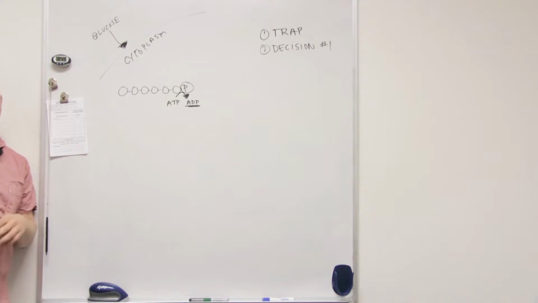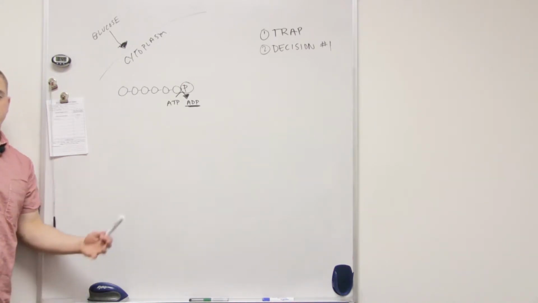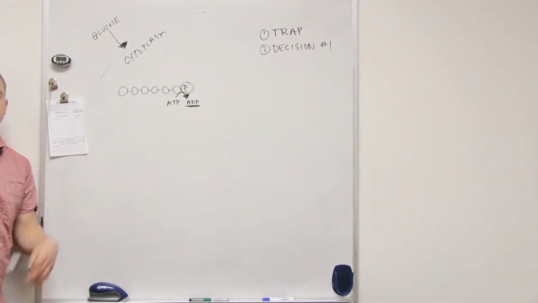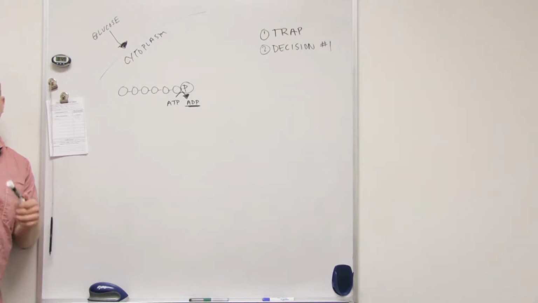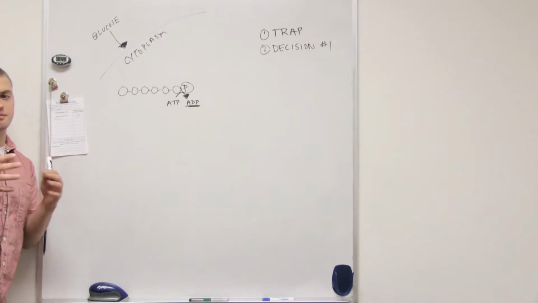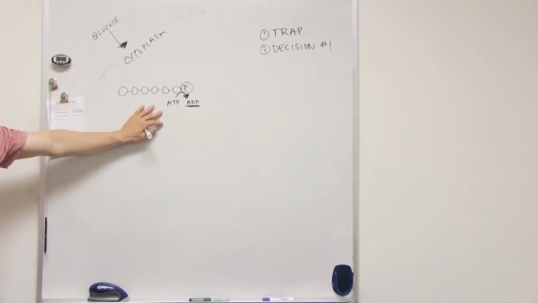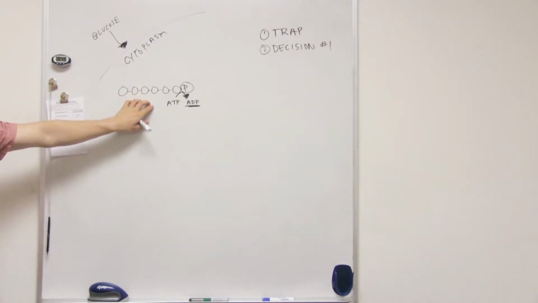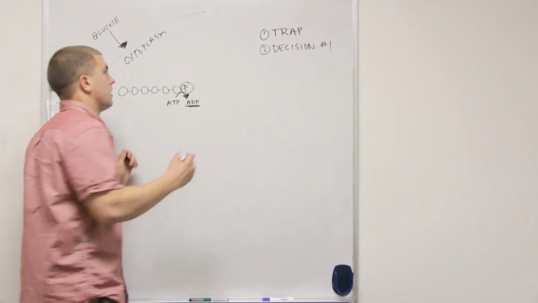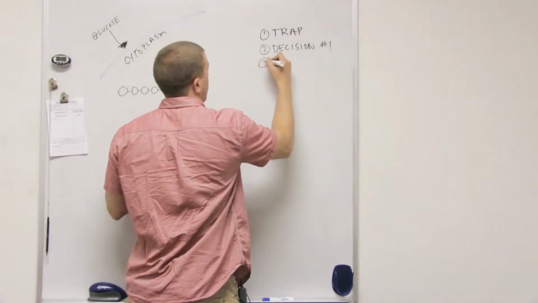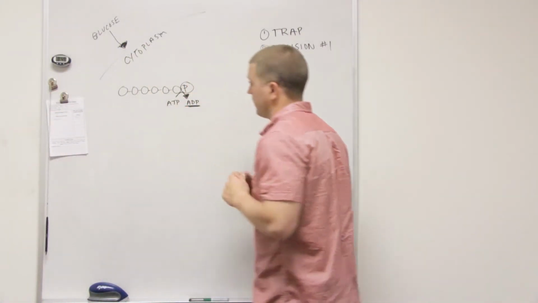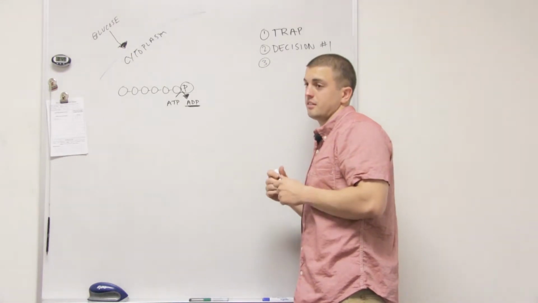If there's plenty of ATP, it says, oh, well, you guys really don't need me. So it gives up the phosphate and attaches to glucose in the liver. So it'll travel through the bloodstream to the liver and then become glycogen. But if there's not enough ATP, then we have to keep going on with this process, glycolysis, right? So it depends on the ATP for decision number 1. Yeah, it depends on if we need ATP, really.